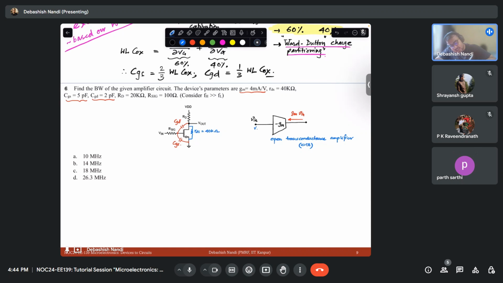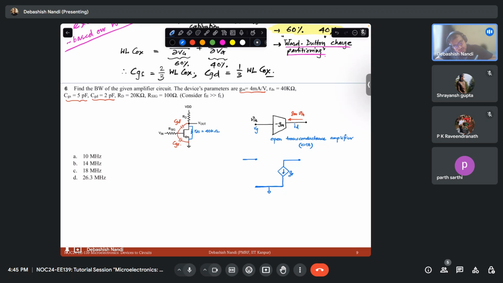This is how your MOSFET behaves, right? This is your VG and this is your ID. A MOSFET in the saturation region under strong inversion acts like nothing but a voltage controlled current source. This is the same stuff which you draw like this.